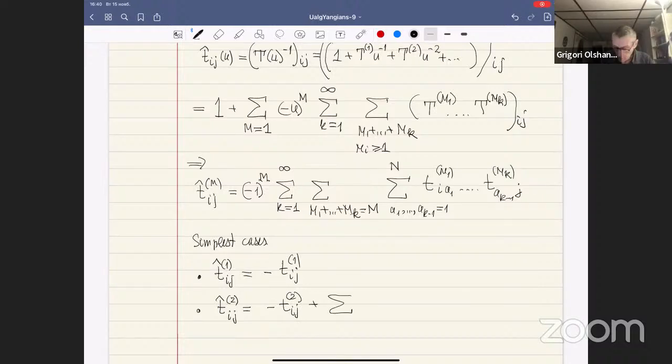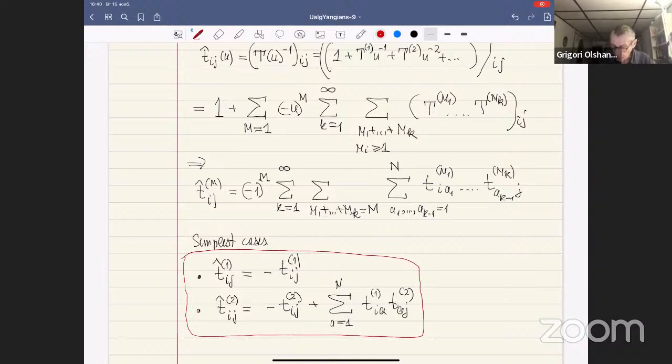Plus, and plus the sum A and A. So what we have is examples. So what is the conclusion?